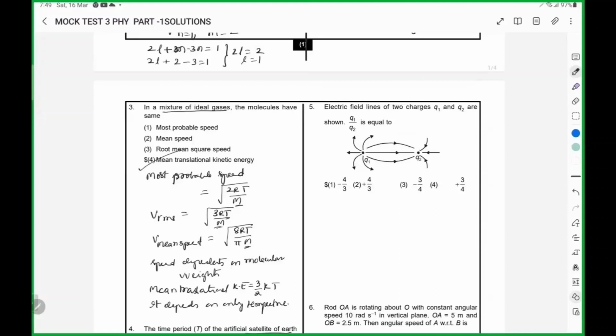How many lines are leaving Q1 from the charge Q1? How many lines are terminating at Q2?